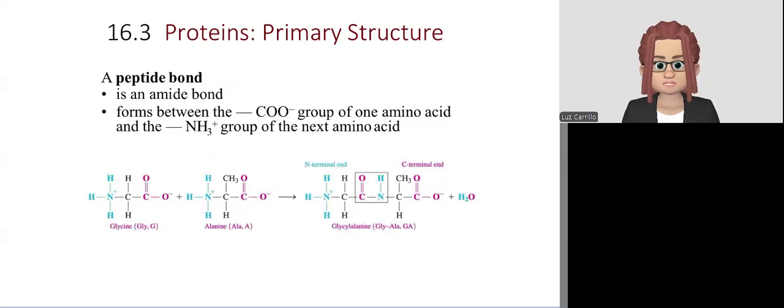When it comes to proteins, there are different structural levels. And the primary structure of a protein is simply the sequence of amino acids that are present in the protein. Each one of these amino acids, at its basic chemistry, are held together by an amide bond.